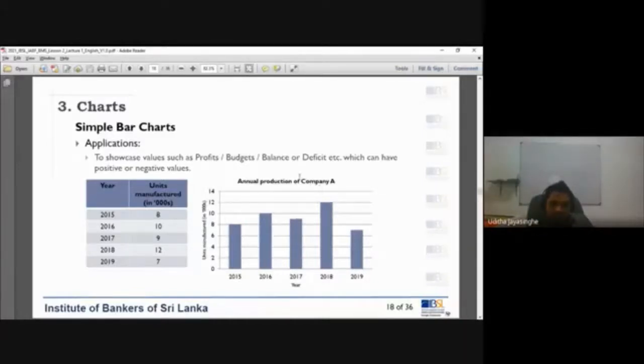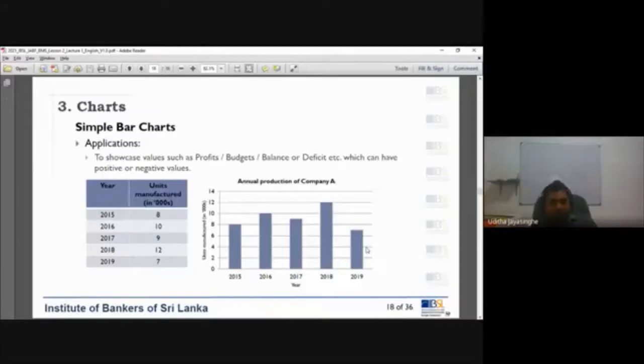And from 2018 to 2019, there seems to be a dip. Now, sometimes the next predicted number, 2020, is going to be a golden number. No one knows what it is going to be. That may depend on various factors. So we visually represent data in a simple bar chart merely to see the trend or the pattern or the historical performance.